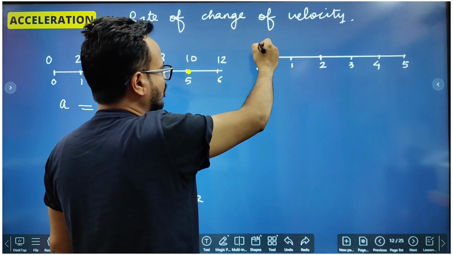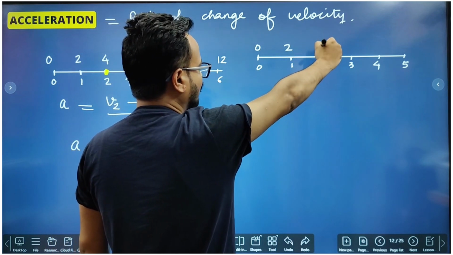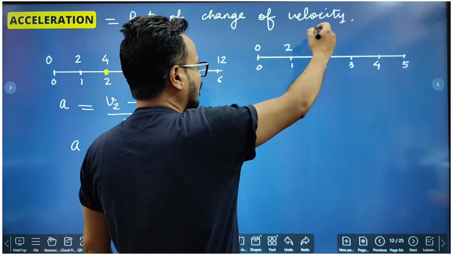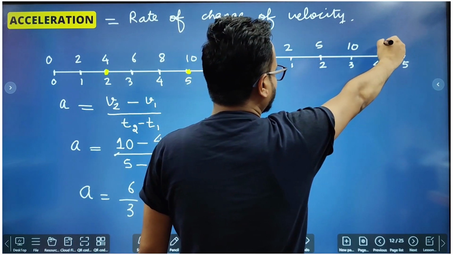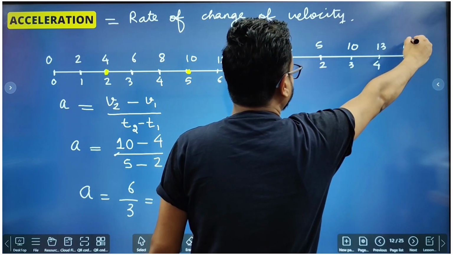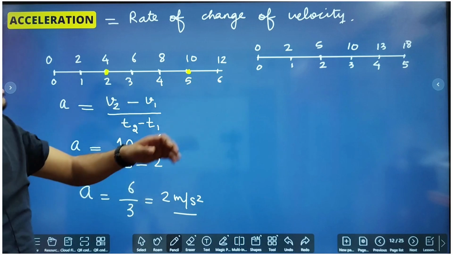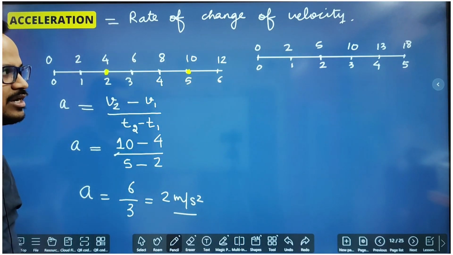Suppose the velocity of the body is 0 here, 2 here in meter per second, let's say 5, let's say 10, let's say 13, let's say 18, right? So we can clearly see that the velocity of this body is not increasing with a uniform rate.